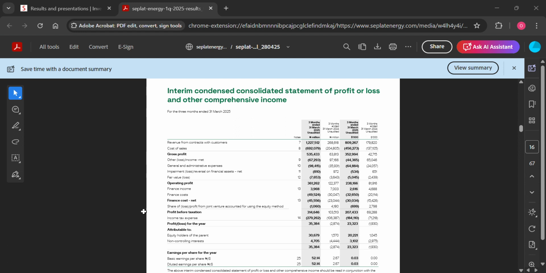Then again, you notice I didn't fill this place. Because when there is net, it means the difference between the finance income and the finance cost. So it's better you just do this again, remove the percentage.